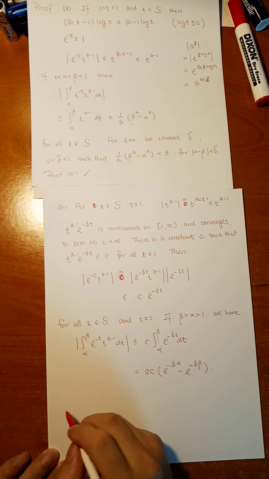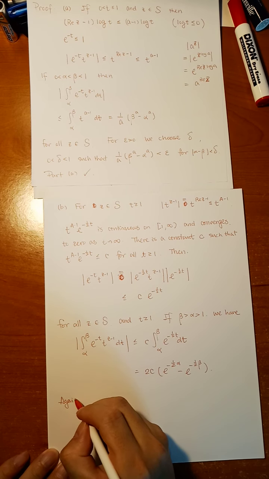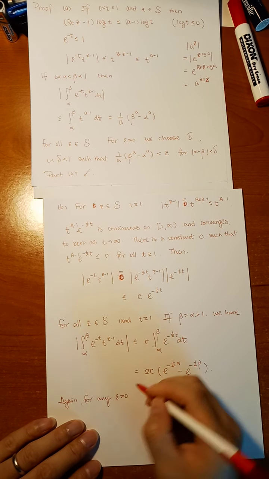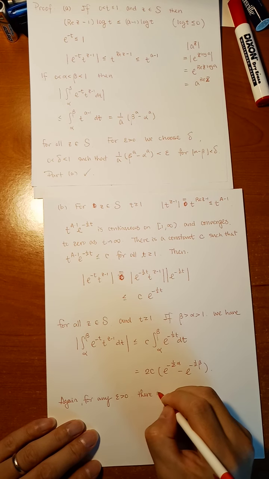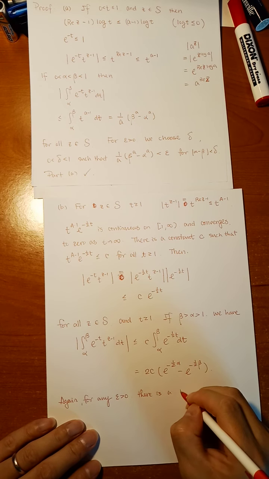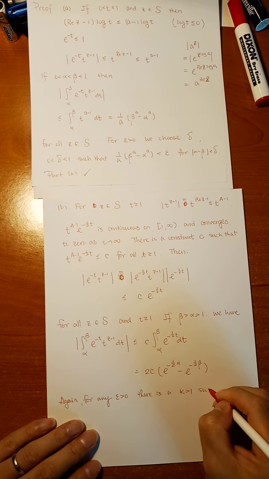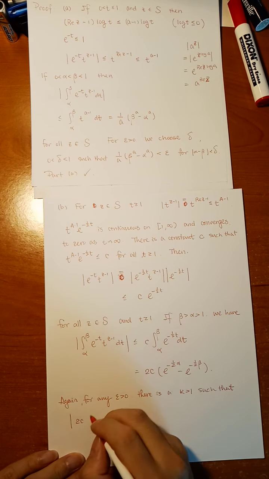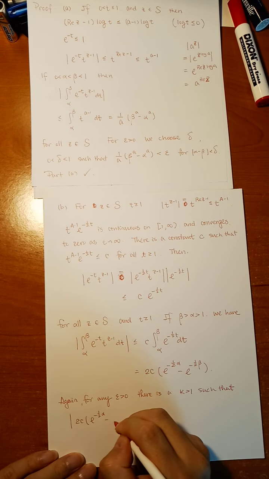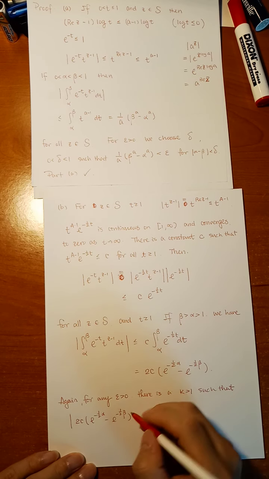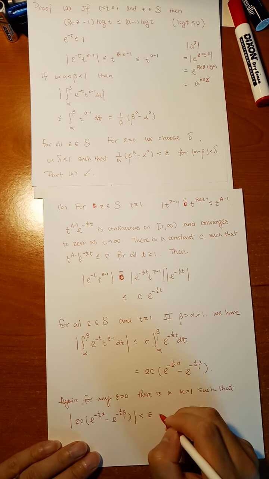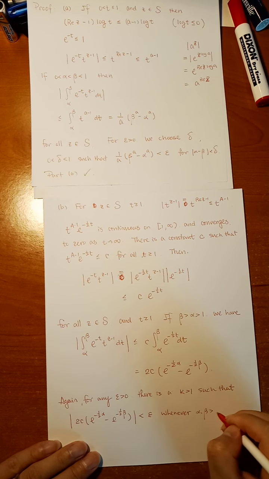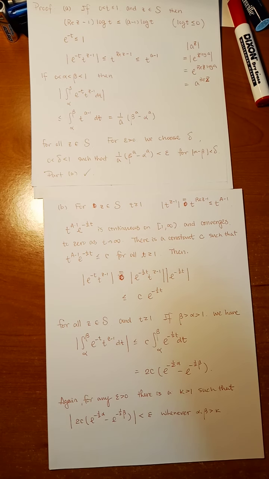Okay, so again, for any epsilon greater than 0, there is a k greater than 1 such that 2c times e to the negative 1/2 alpha minus e to the negative 1/2 beta is less than epsilon whenever alpha, beta greater than k.